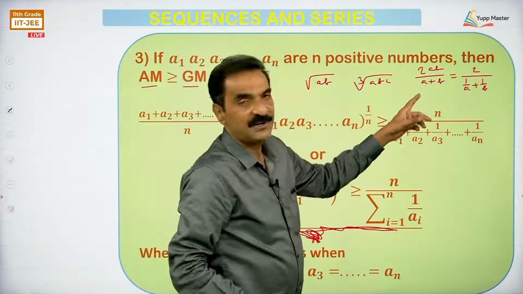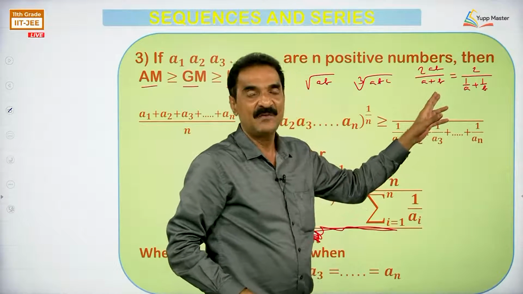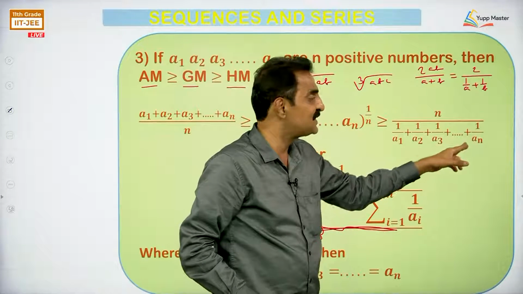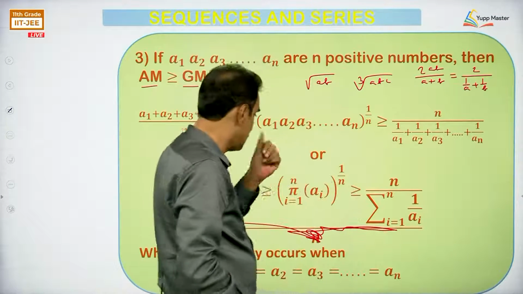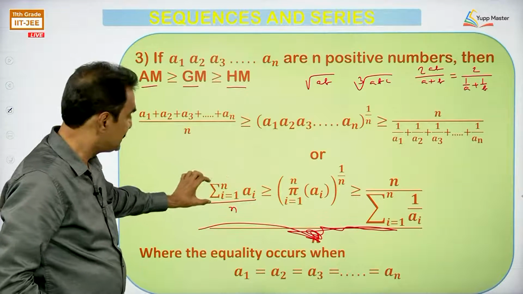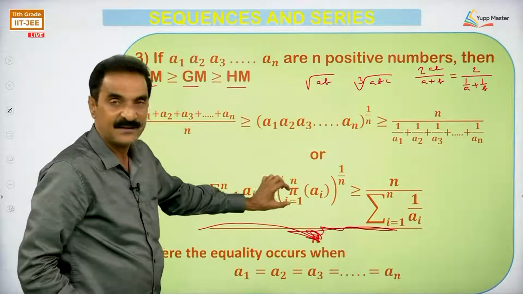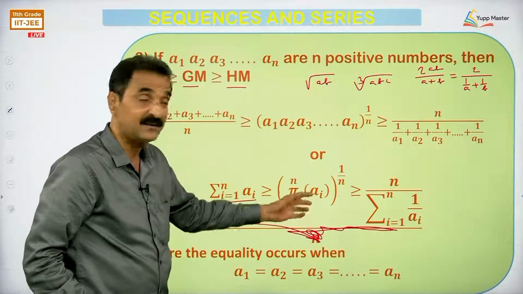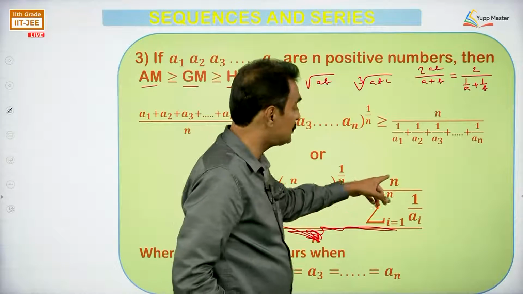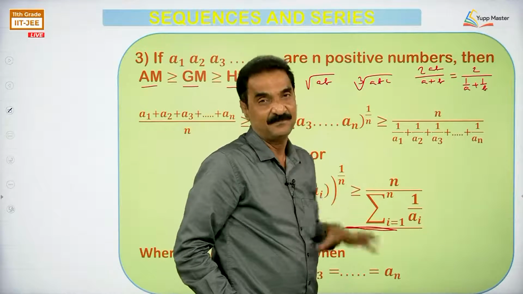Similarly, harmonic mean of n numbers A1, A2, A3 and so on, An will be n by (1 by A1 plus 1 by A2 plus 1 by A3 and so on 1 by An). So simply we can write this result as sigma ai by n is greater than or equal to pi of ai, that is the product, whole power 1 by n, greater than or equal to n by sigma 1 by ai.